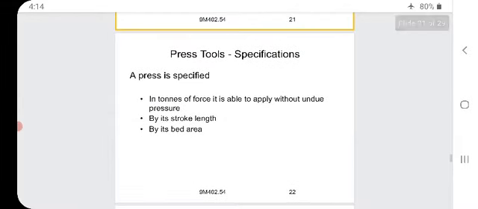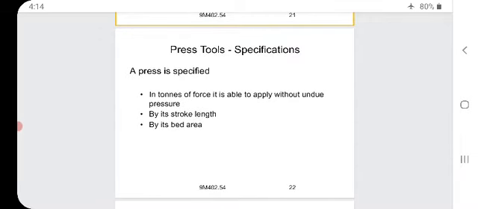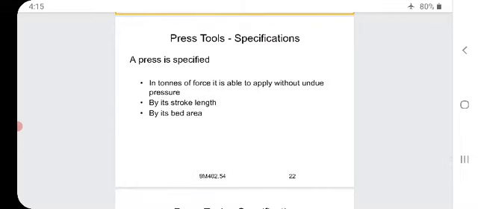Specifications. How is the press specified? In tons of force, that means the large force it is able to apply without undue pressure, by its stroke length and by its bed area. That means how much space it occupies.